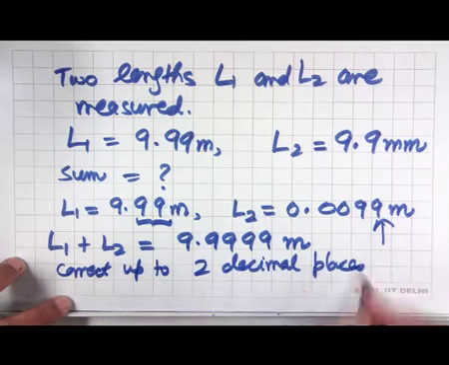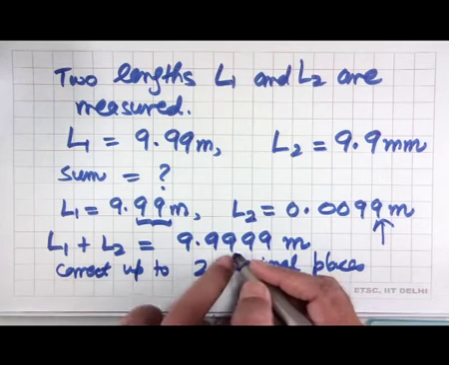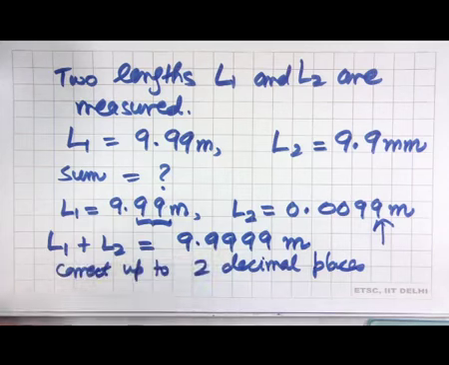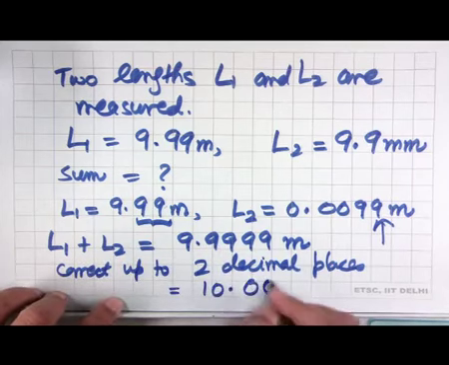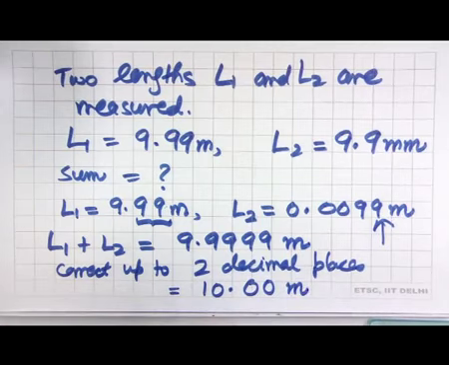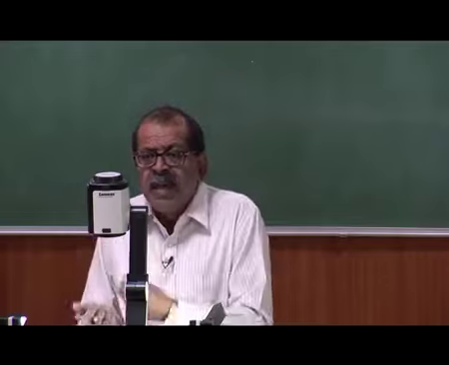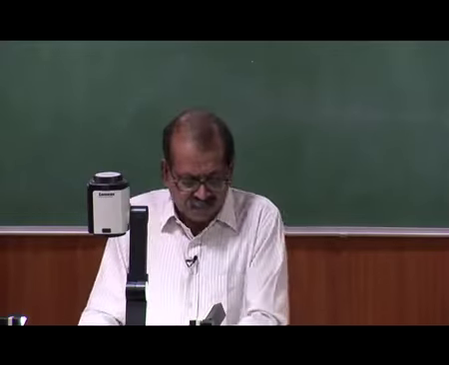If I round it up to 2 decimal places, it is 9.99, but then it is followed by a 9. So, the rounded up answer will be equal to 10.00 meters. Now, you could have also converted this in millimeters and done the same thing, you would have got the same answer.